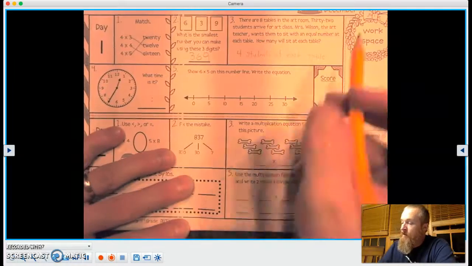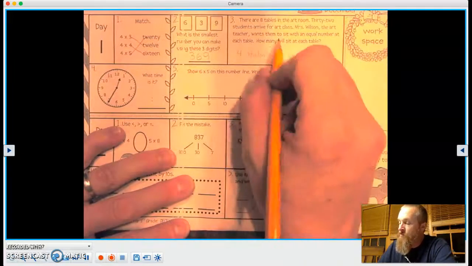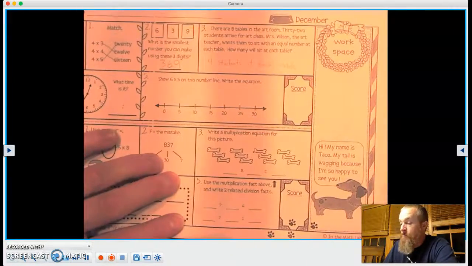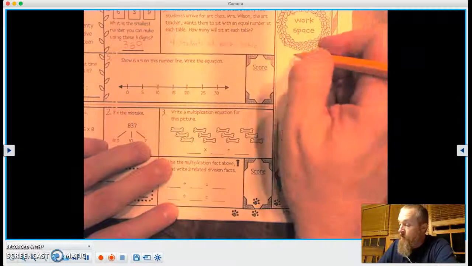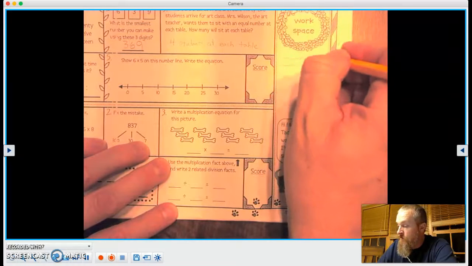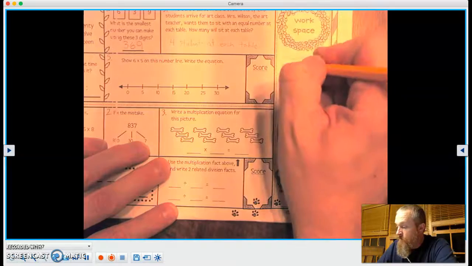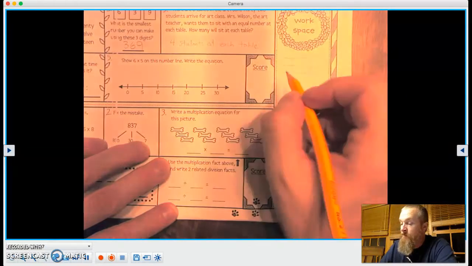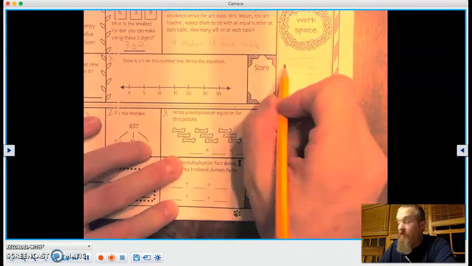Okay. And if you wanted to, you could make your 8 tables. Maybe you wanted to just go like this. 2, 3, 4, 5, 6. There's our 8 tables. And then you could start going and putting a little mark in each one.